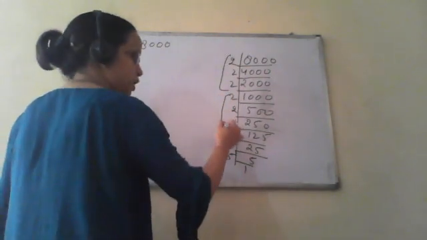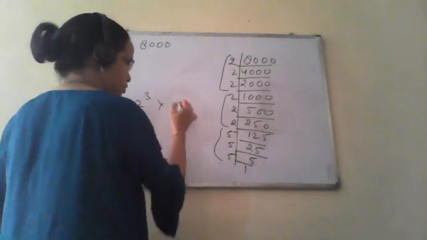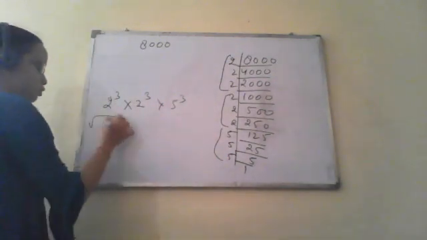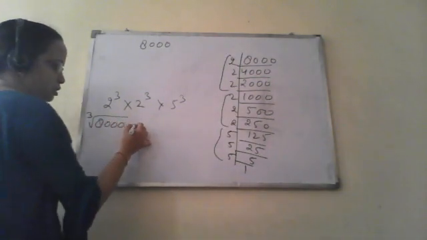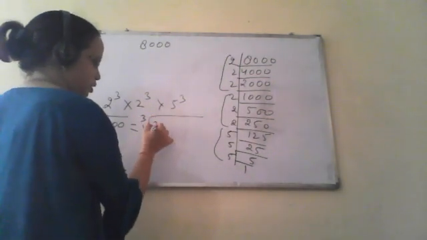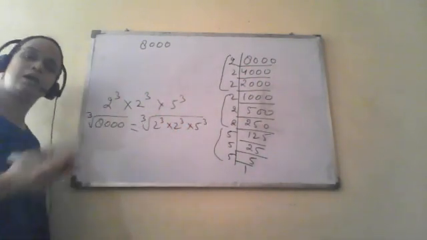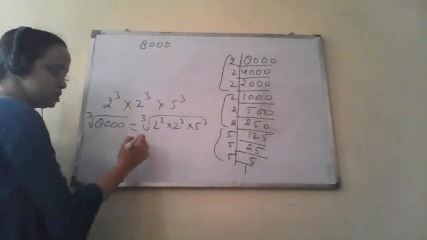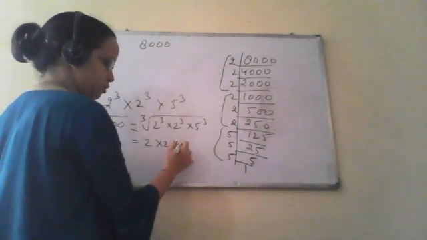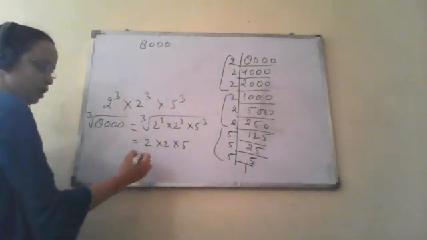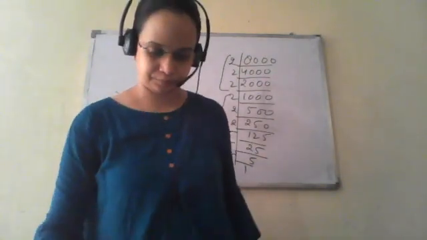There's again a triplet of 2, so 2 cube, and there's a triplet of 5, so we can write 5 cube. So the cube root of 2 cube into 2 cube into 5 cube: this power 3 indicates that 2 is multiplied 3 times. So from this we take one 2 out, from this one 2 out, and from 5 we take one 5 out. So this is 20. So the cube root of 8000 is 20.